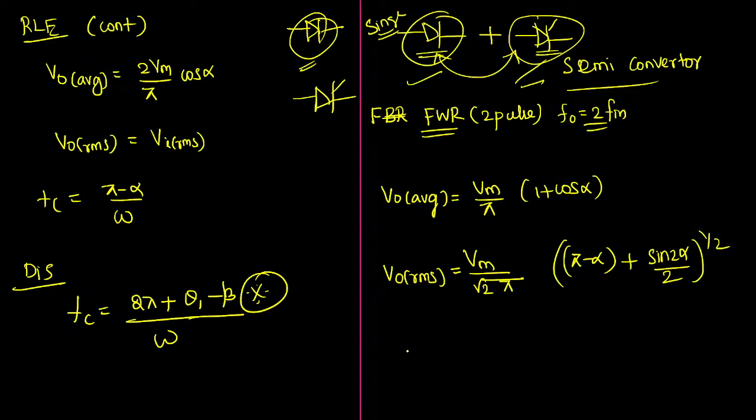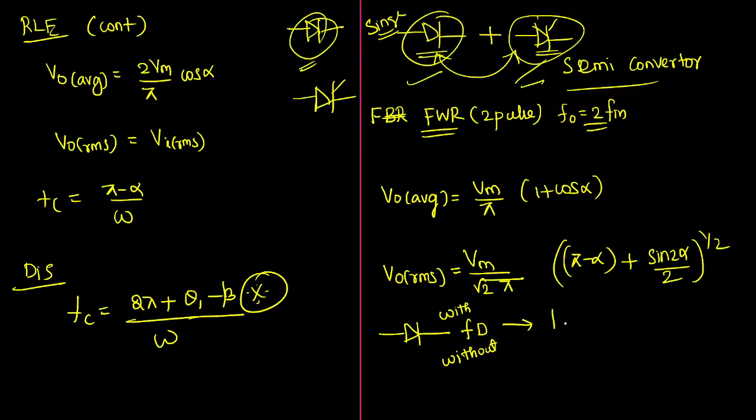Okay, sir. Then what is the circuit turn off time? Here there is a problem: even with semi converters, sometimes they connect a freewheeling diode. So what is the circuit turn off time with the freewheeling diode, and without the freewheeling diode?